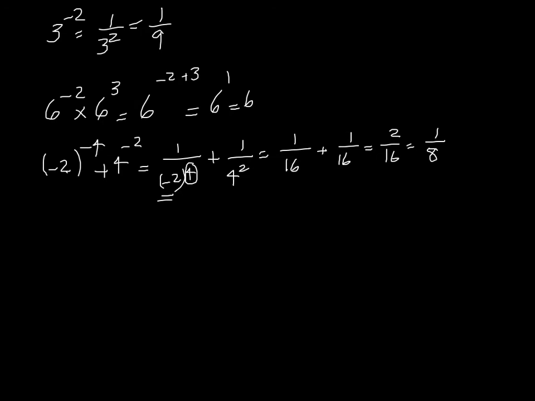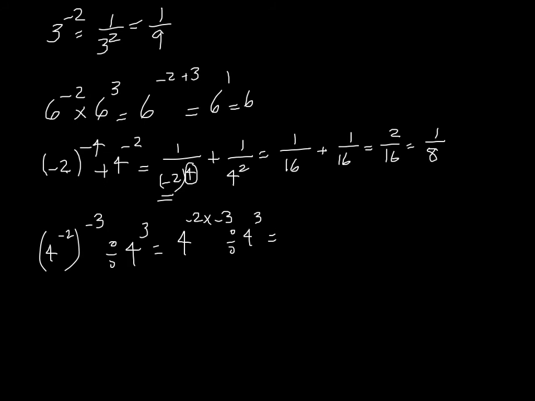The next example is 4 exponent negative 2, all exponent negative 3, divided by 4 exponent 3. When you have power to power, you multiply the exponents. So you will have 4 exponent negative 2 times negative 3 divided by 4 exponent 3.